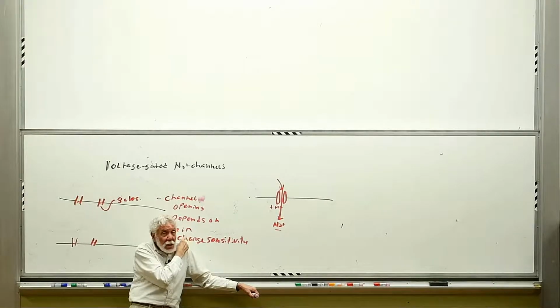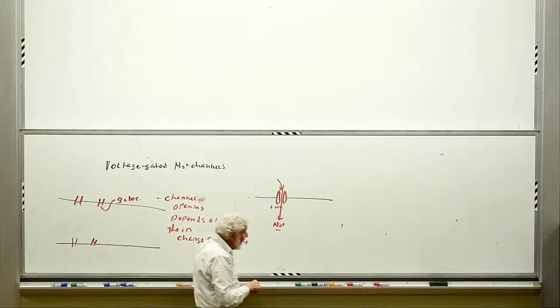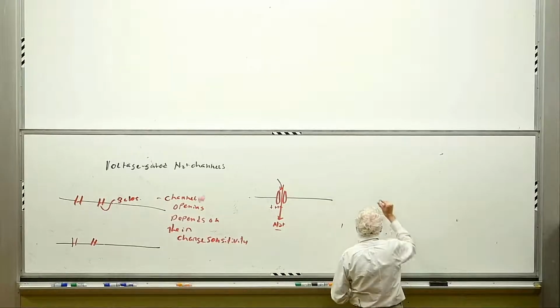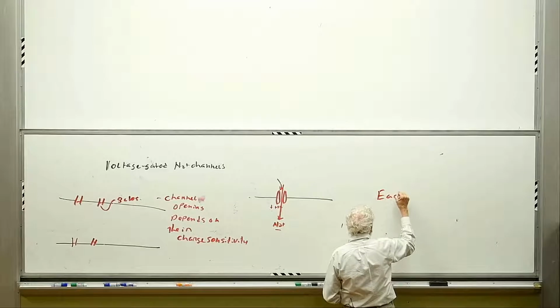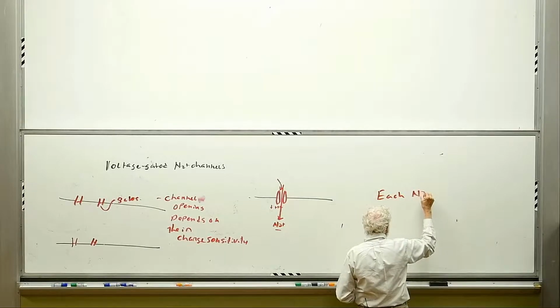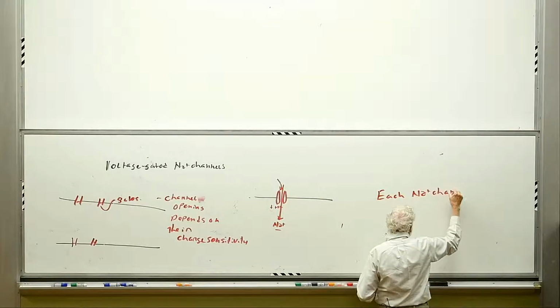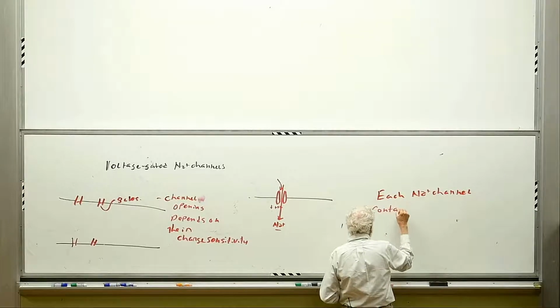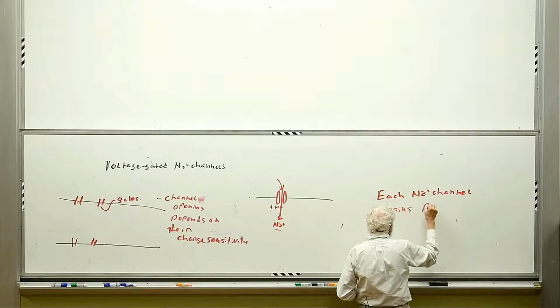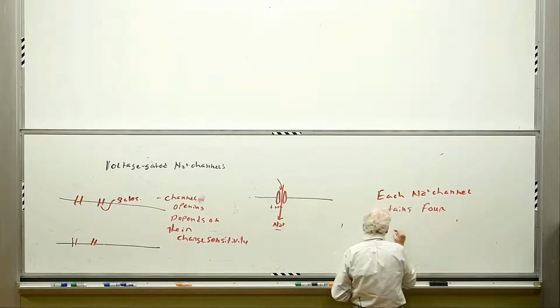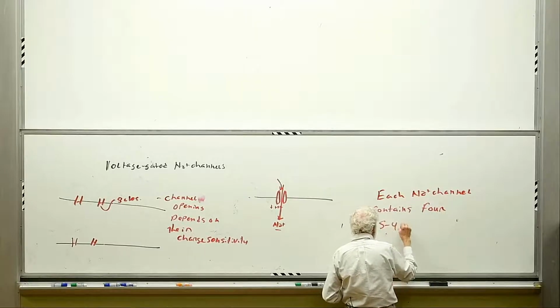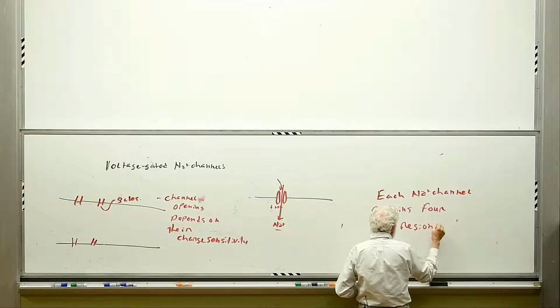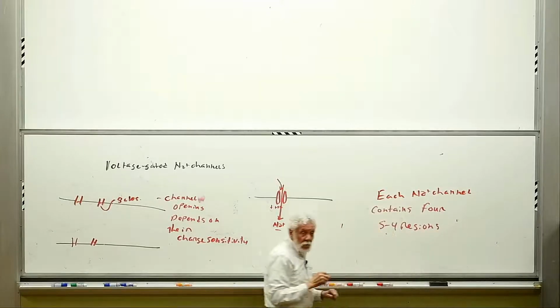But we understand how this works now. We understand in great detail. And I'll tell you that each sodium channel contains 4 regions called S4 regions. These are transmembrane regions.